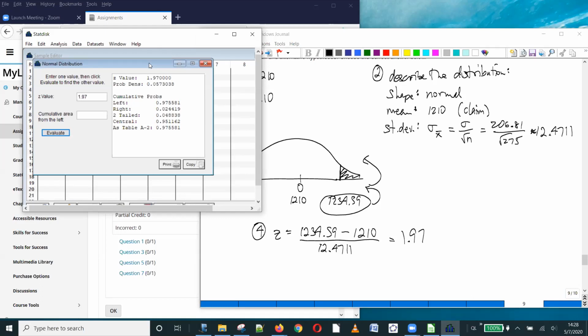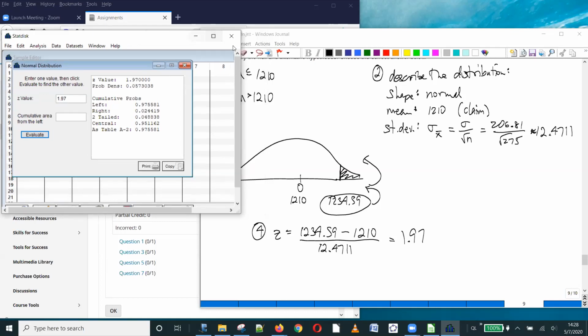In this case, the mu is not an actual mu that we know is a fact. It is a mu that we're claiming. And so because of that, it changes slightly how things look in the setup. But it does not change doing the calculations.